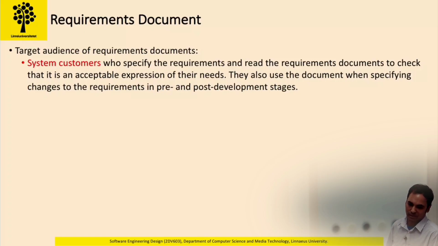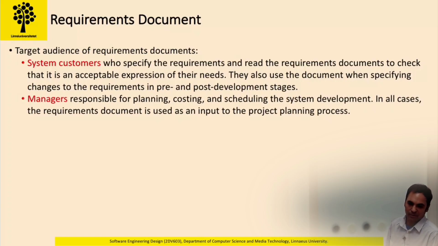The requirements document they get is basically the user manual, and user manuals always have those descriptions of functionalities that they asked for initially as a requirement. So this requirements document is important for system customers in both the pre-development and post-development stages.